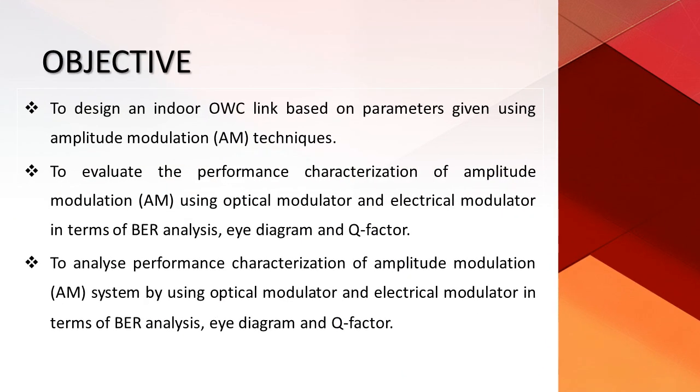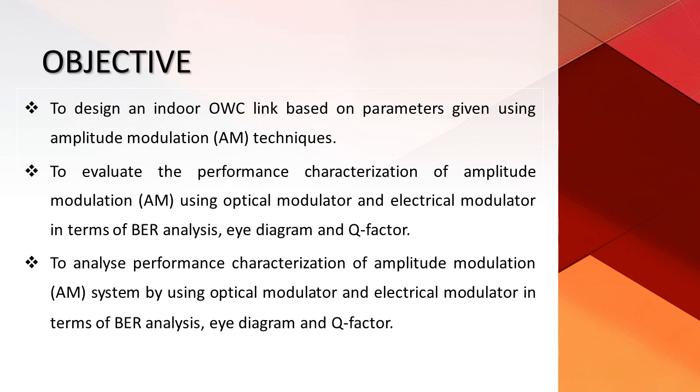Next, for the objectives, we have three. The first one is to design an indoor OWC link based on given parameters using amplitude modulation techniques. The parameters involved are transmission distance, transmitted power, wavelength, transmitter divergence angle, receiver responsivity, and receiver aperture diameter.